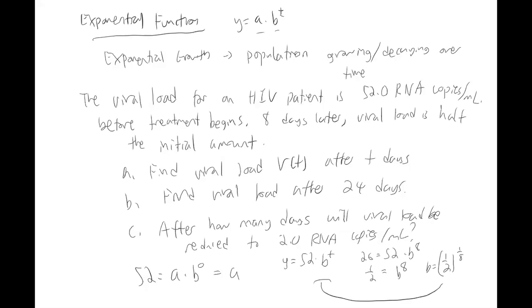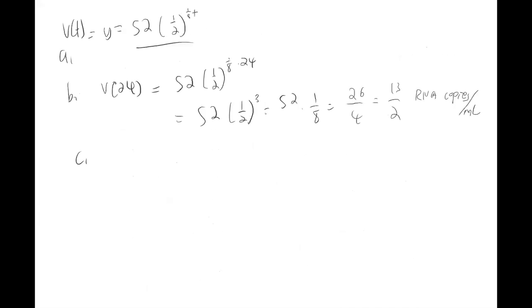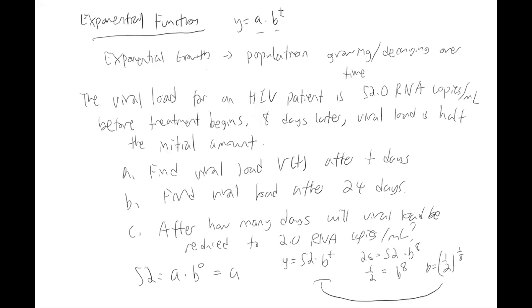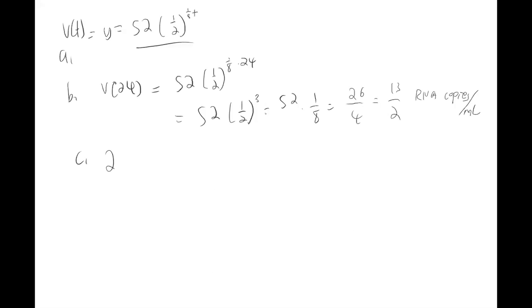T is time, and they're asking after how many days, so that tells you that you're trying to find T. So 2 equals 52 times 1/2 to the 1/8 t. The question is asking you to solve for t.